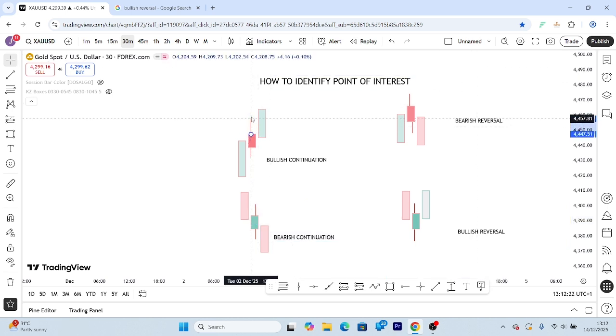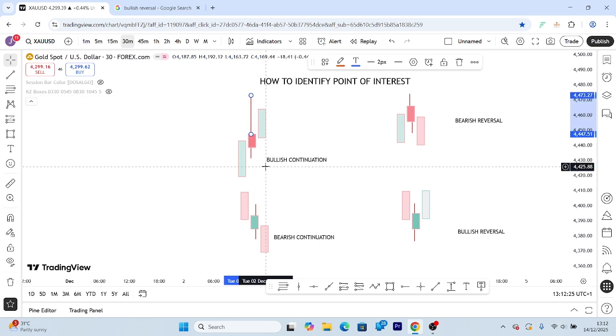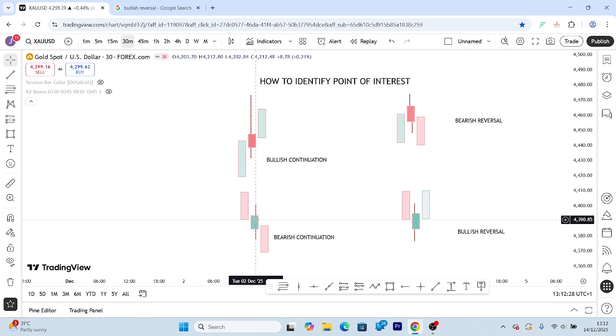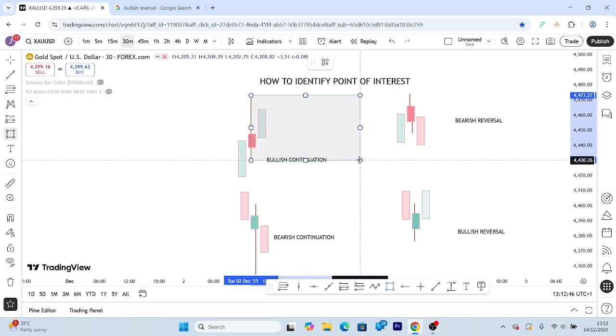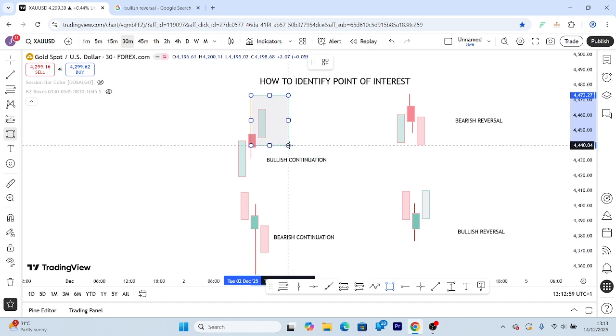For instance, if this wick right here is actually long like this, or if this wick is actually long like this, then when we are trying to draw our point of interest, we're not going to draw it from here to here. No. If you draw it like this, it's going to reduce your risk to reward ratio, and your stop loss is going to be very, very big. So this is not how to draw it.